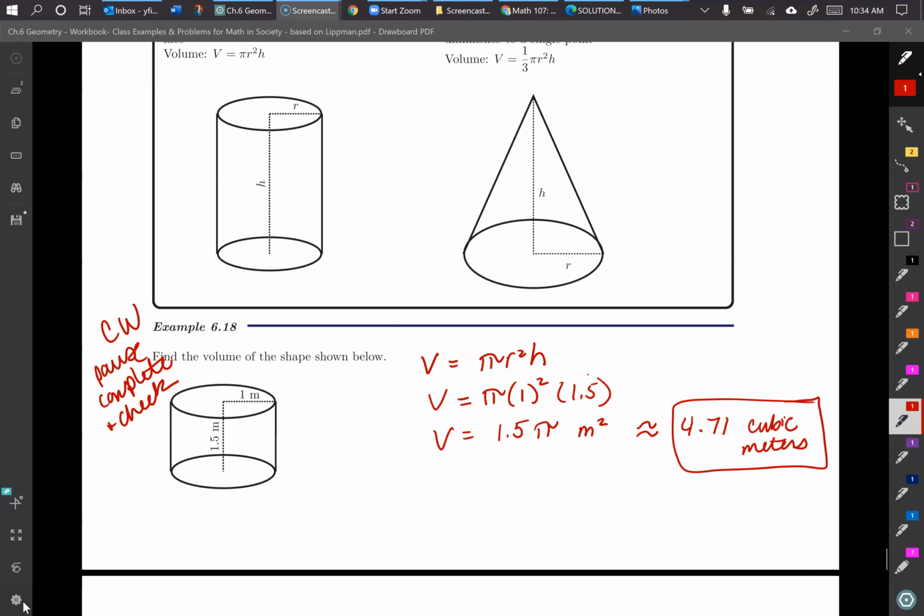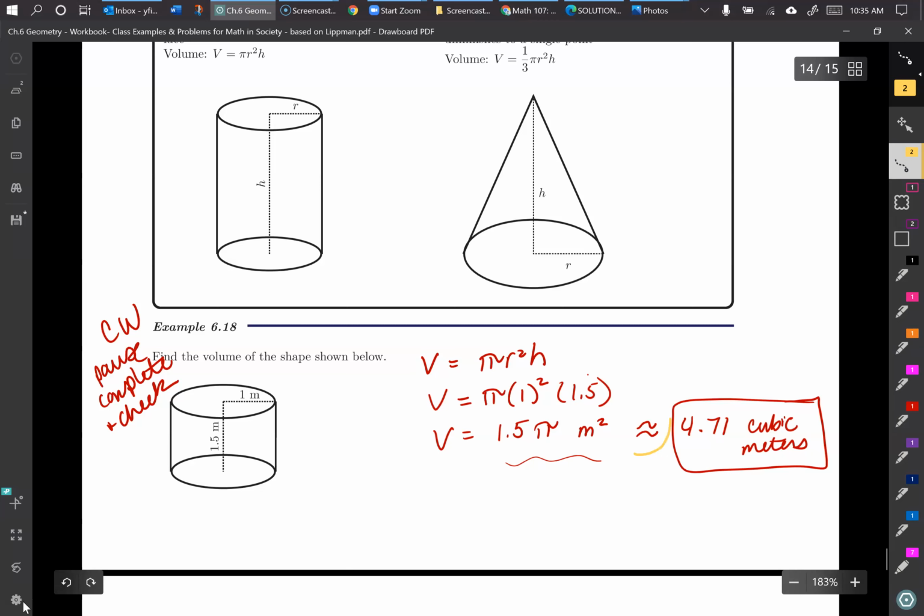Actually, this one was pretty short. So just getting the setup, pop in your values. This 1.5 pi meters squared is the exact answer. And then when we round off, we're going to use this approximation symbol here and get 4.71 cubic meters.